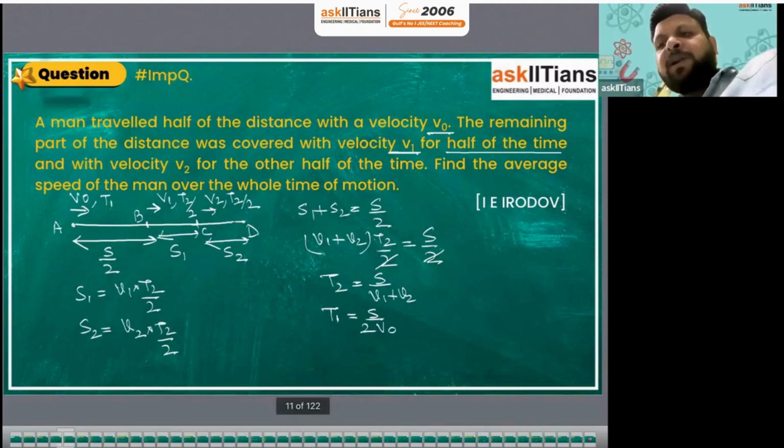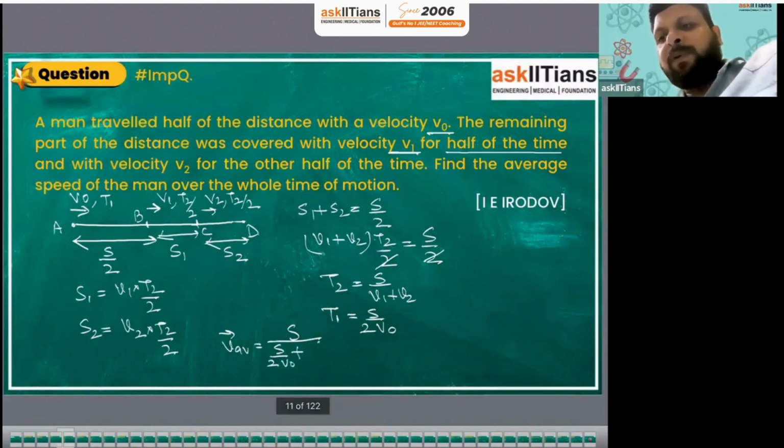Now you have t1 and t2. Now you can use the formula of average speed, which is v average is equal to total distance upon total time. Here total distance is S and total time will be t1 plus t2. So we can directly put the value, S upon 2v0 plus S upon v1 plus v2.